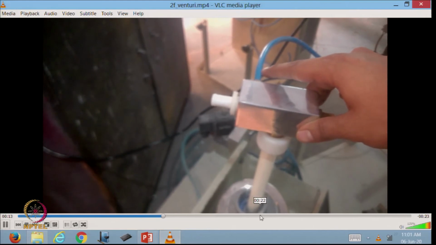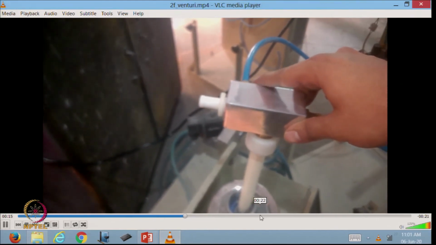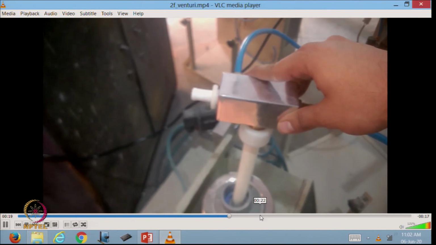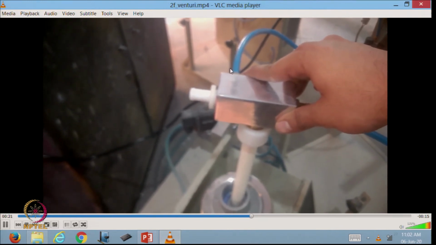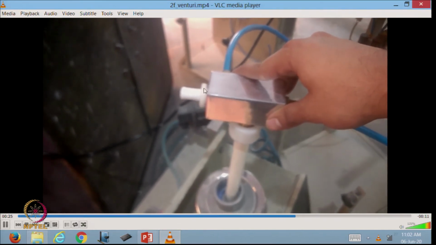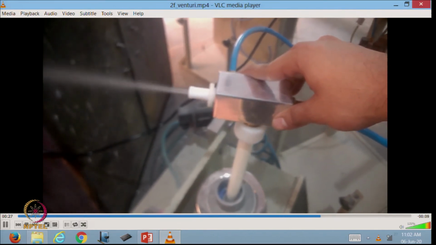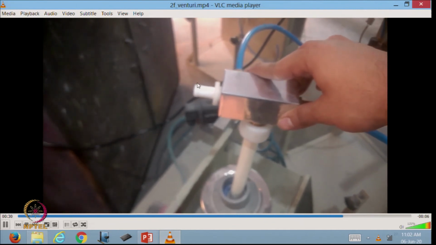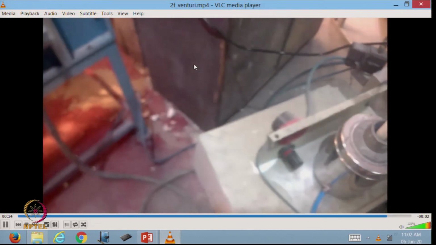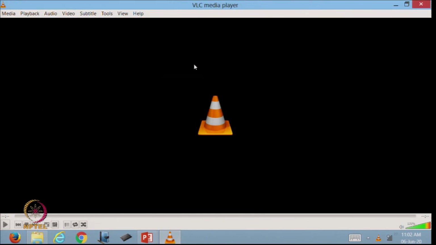One is the compressed air inlet, another is the dosing air, and it controls the powder. Here the gun will be placed.